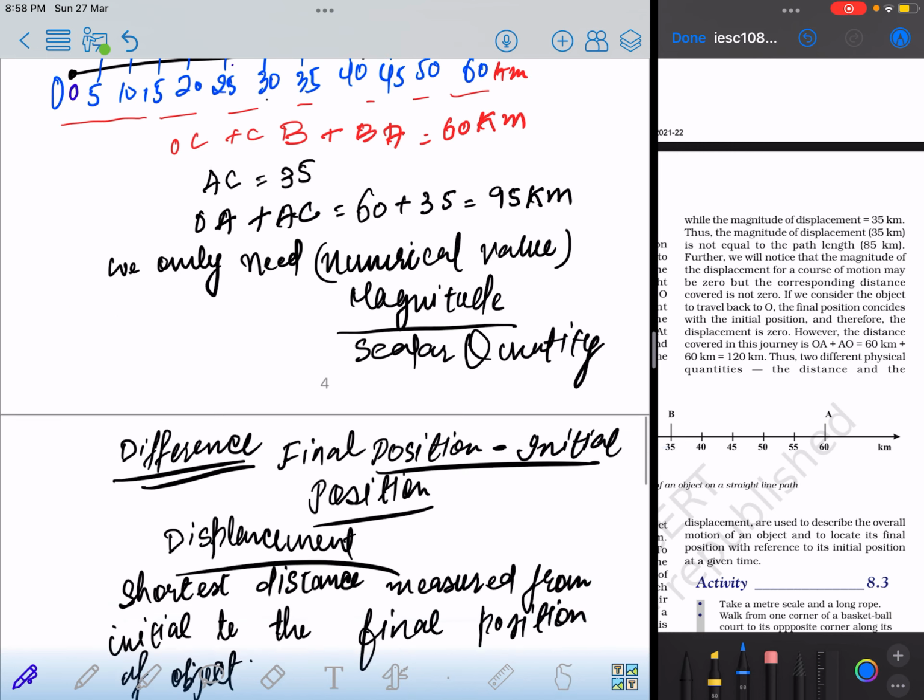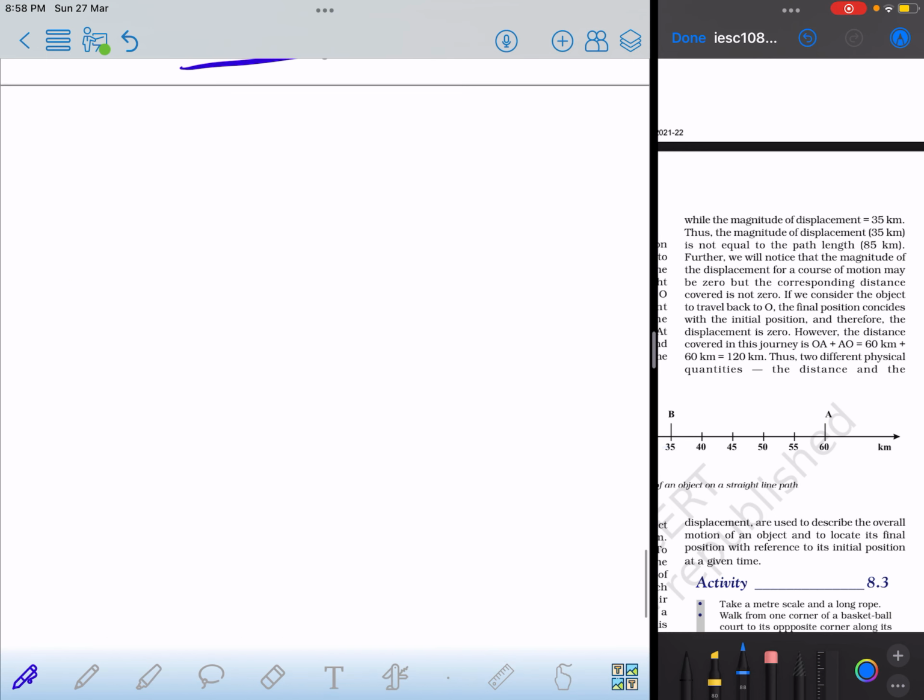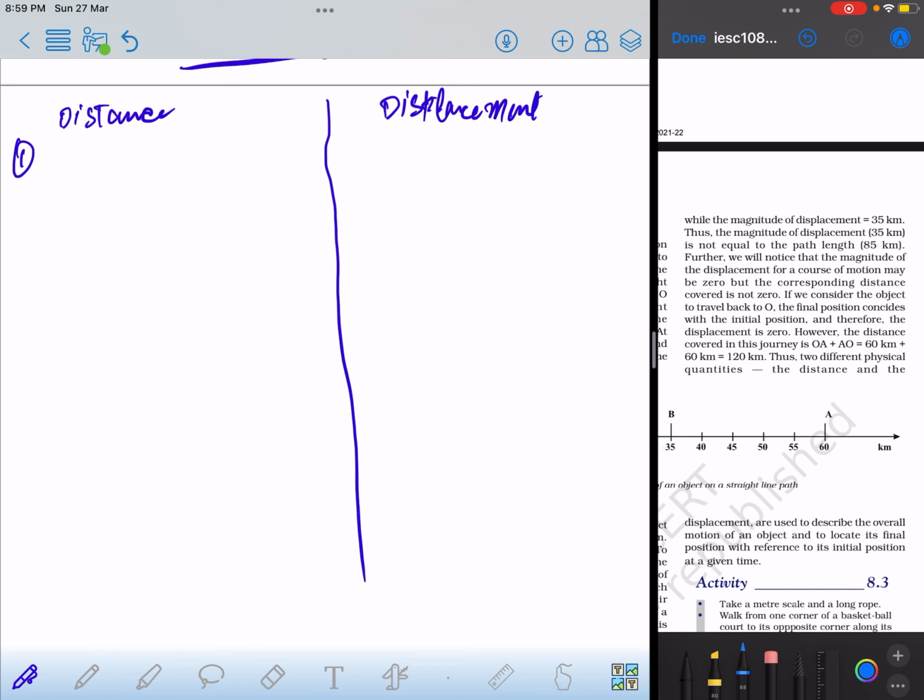One more thing that we try to distinguish here is between distance and displacement. The first point is distance is a scalar quantity, and displacement is a vector quantity.